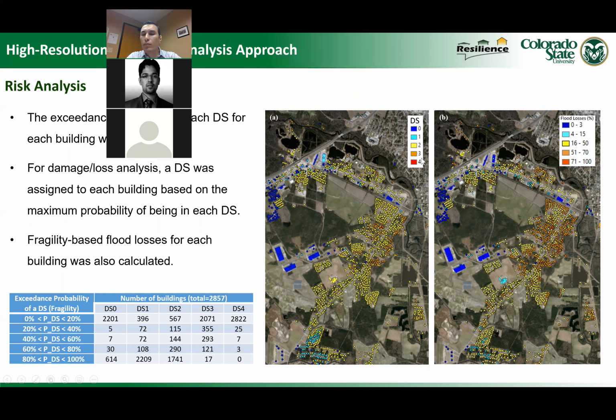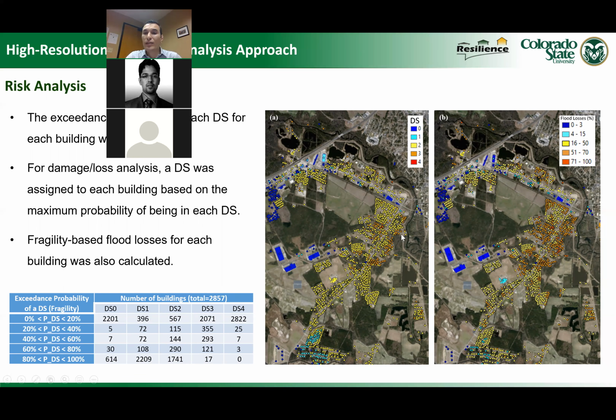We didn't get many buildings with damage state 4, maybe just one here on the river. And we also calculated the loss as a percentage of the building's total market value. So the buildings in blue have from 0 to 3% loss, and the buildings in orange, these buildings, have 50 to 70% loss.